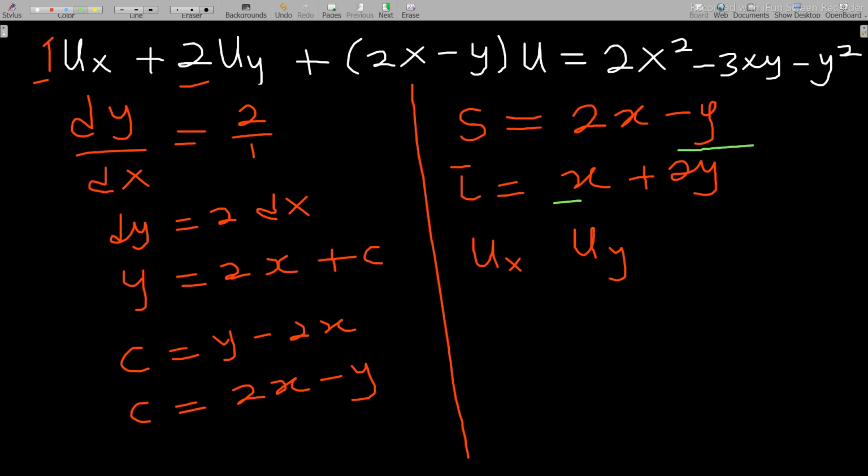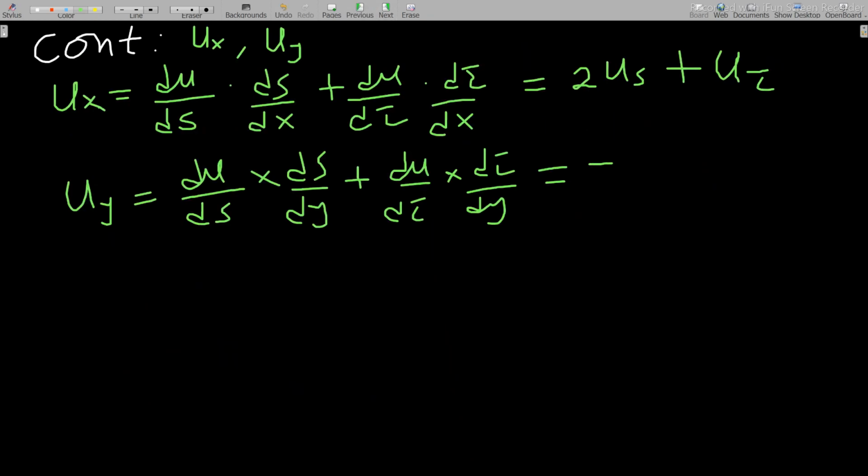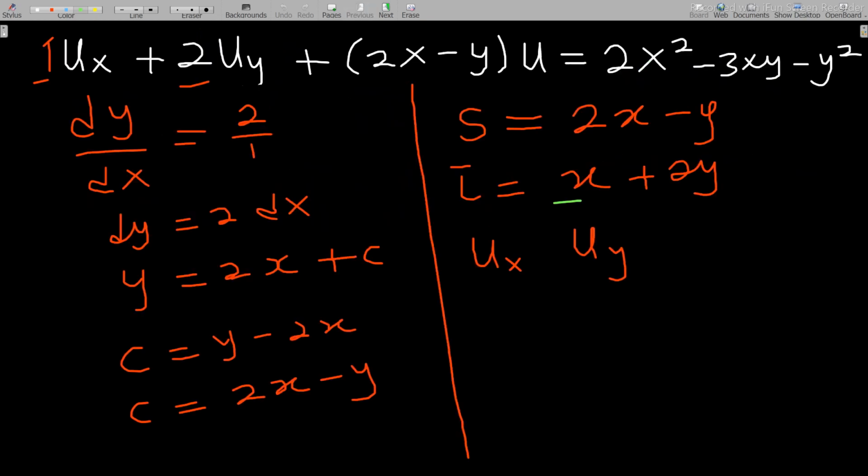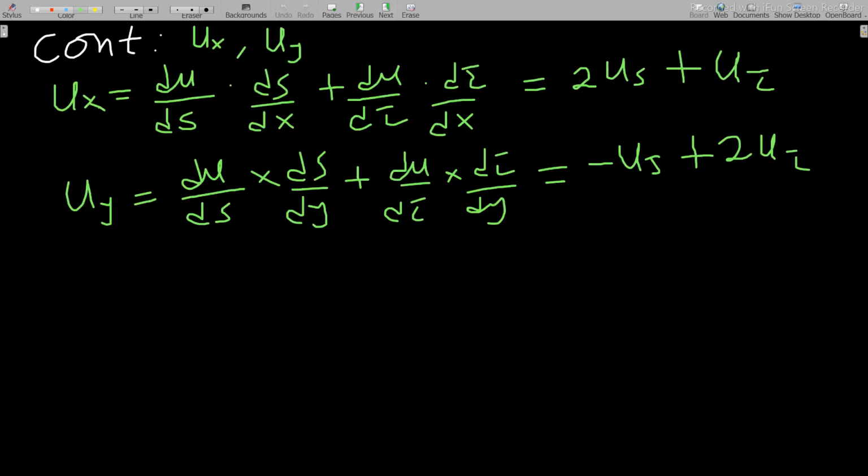The differential of just the y component, and I'll get -1. Okay, so I have negative us, then plus 2u tau, because when I differentiate tau with respect to y, I have 2. Alright, so that is what we have.